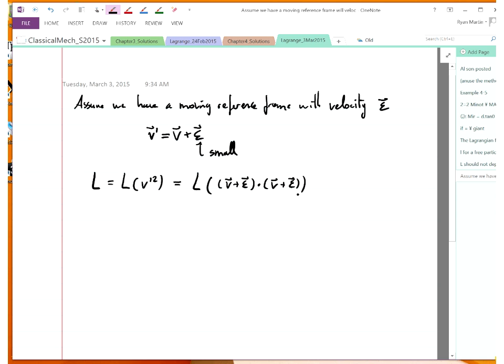That's like saying v plus epsilon dotted with v plus epsilon. So that's the same as a function L that would depend on v squared plus 2 times v dot epsilon plus epsilon squared.